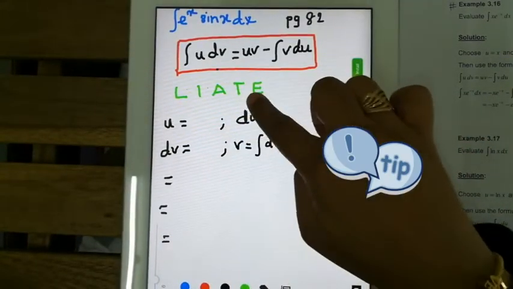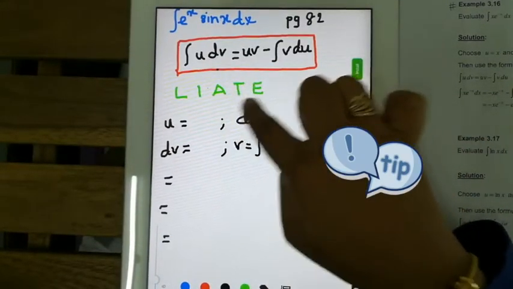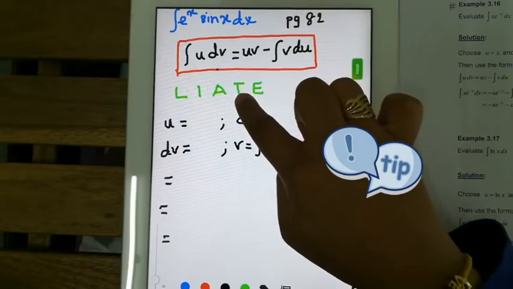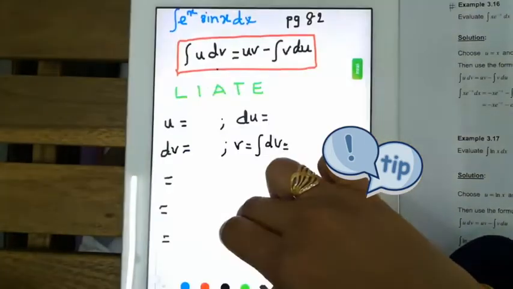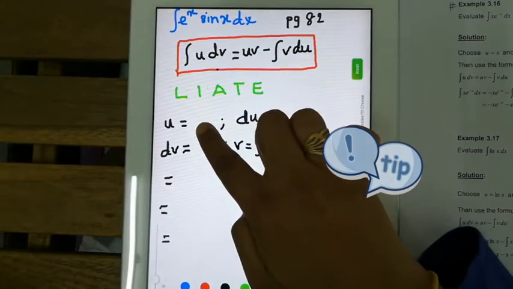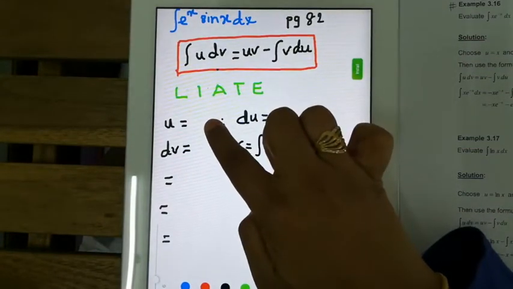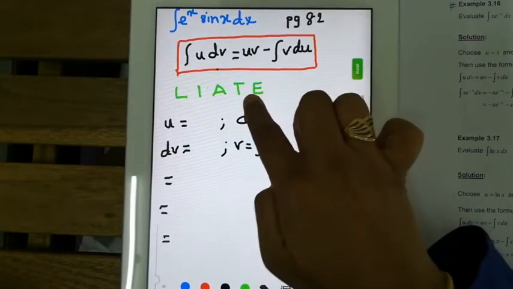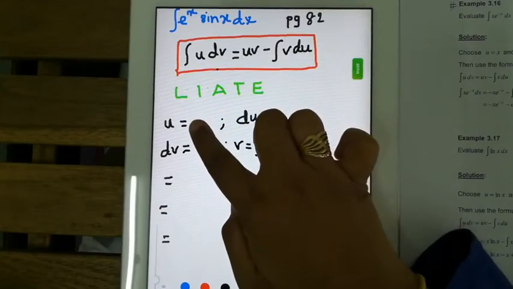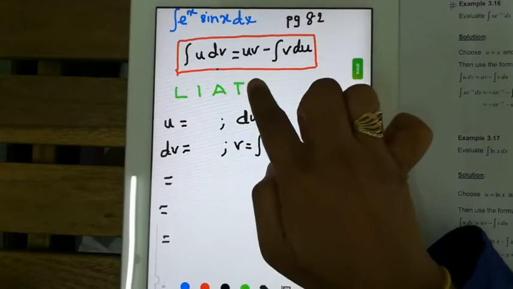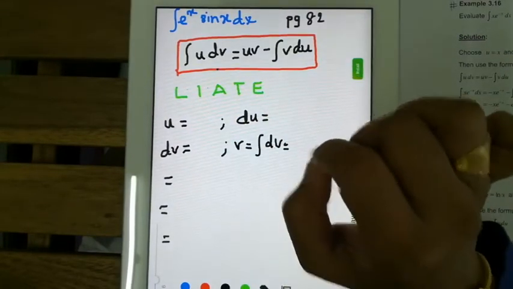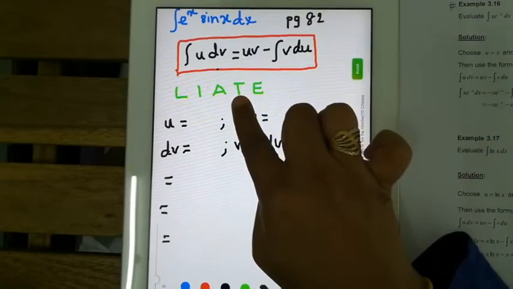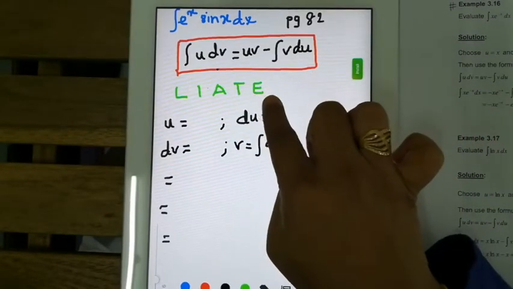Even though LIATE says trigonometry comes first, so u should be the trigonometry function, it is actually much easier if you pick the e^x as u. So there is a special exception between trigonometry and exponential.